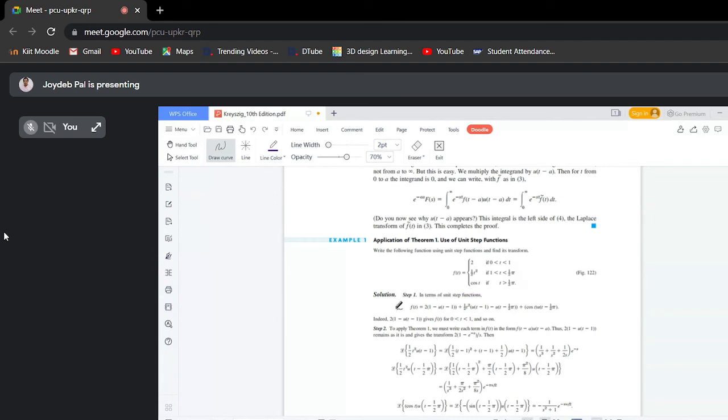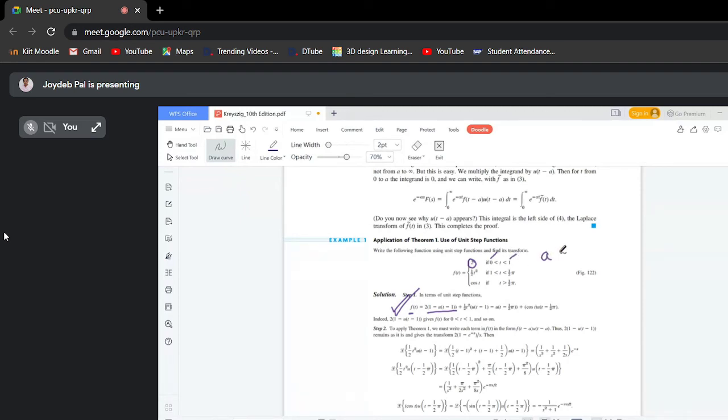So just remember this technique. f(t), the value of the first piece, that is 2. You see these two end points.